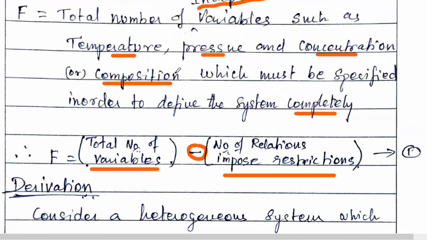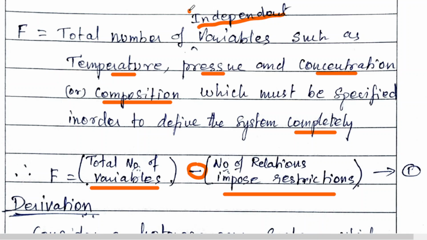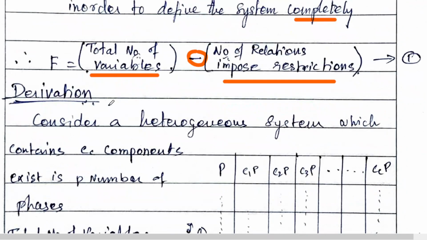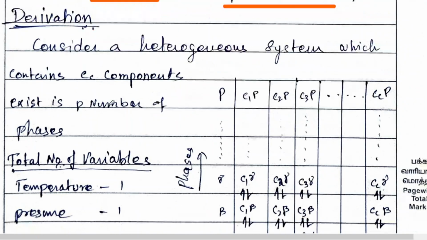The degrees of freedom says the variables must be independent. But the total number of variables that we have here are not all independent, and therefore we must subtract the number of relations that impose restrictions on the independence. Okay, let us derive. With this note, we shall derive the Gibbs phase rule.